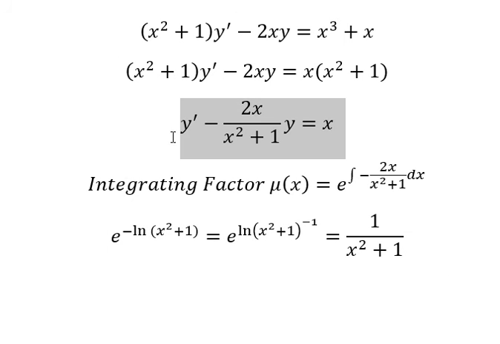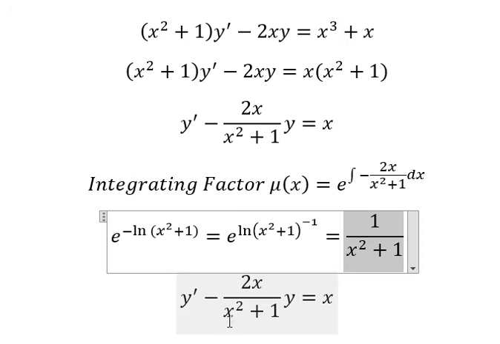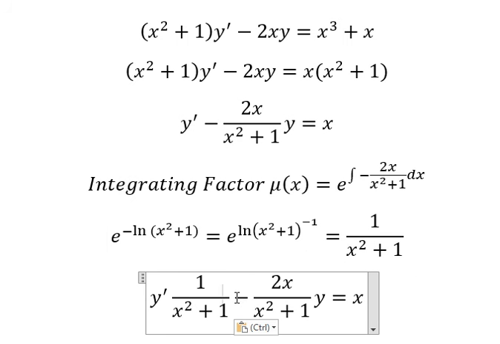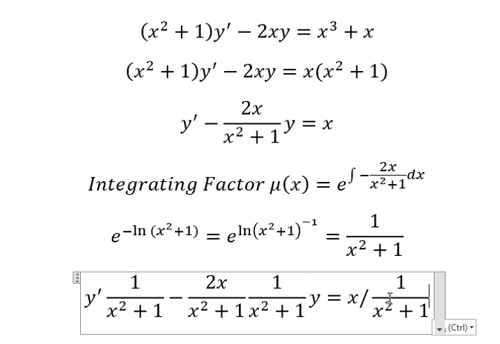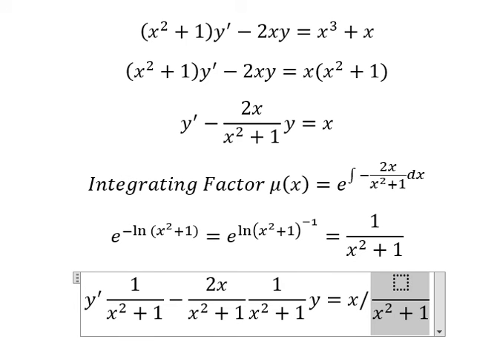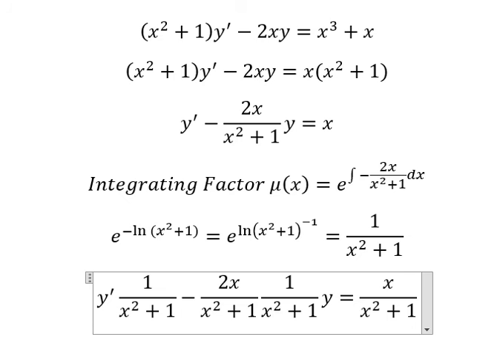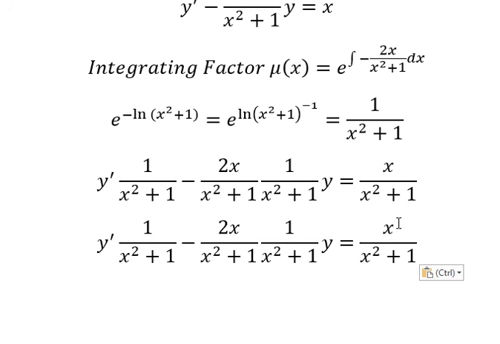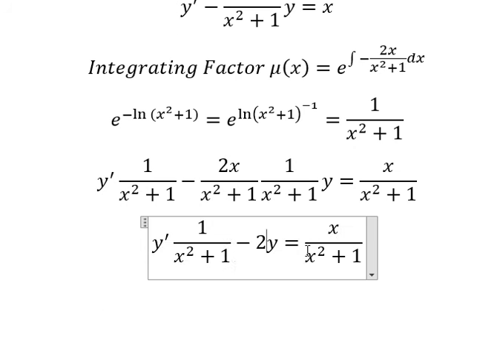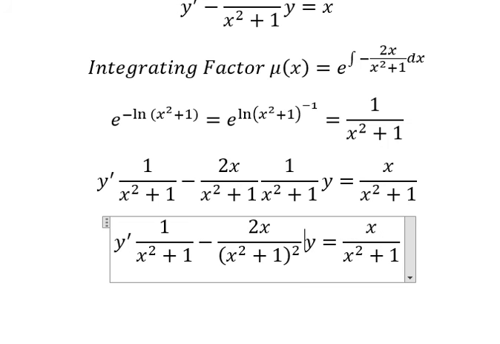Now, that means we multiply both sides by this one. So this one is 2s over s squared plus 1 to the power of 2.